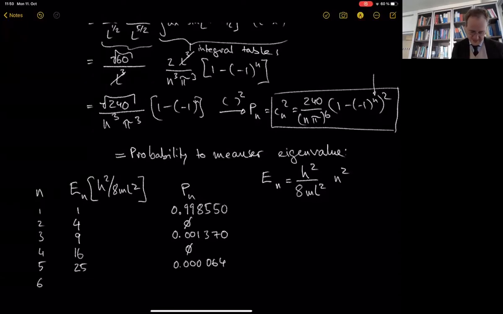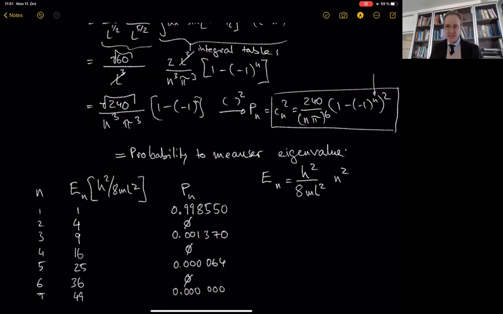For 6, 36 is 0 again, and 7, 49, at 0.00000. Again, we lost 2 digits. In this precision, where we have 6 digits after the point, the probability is 0, numerically 0. Okay.